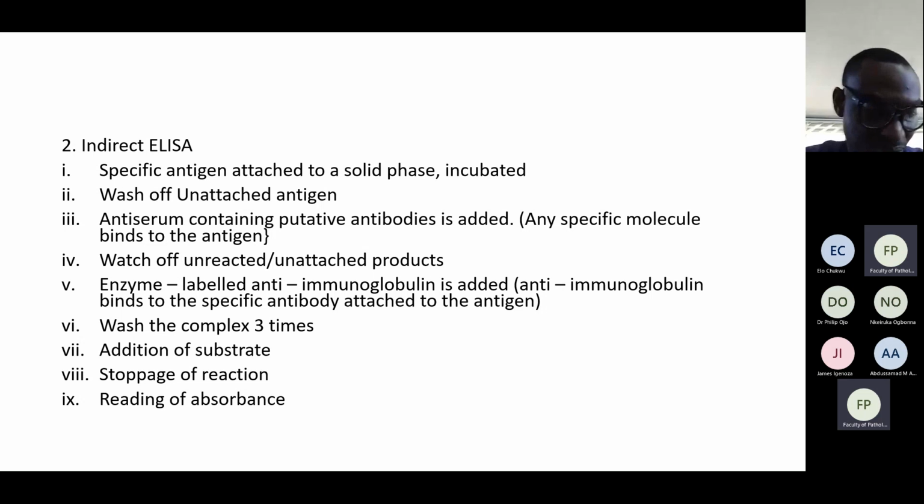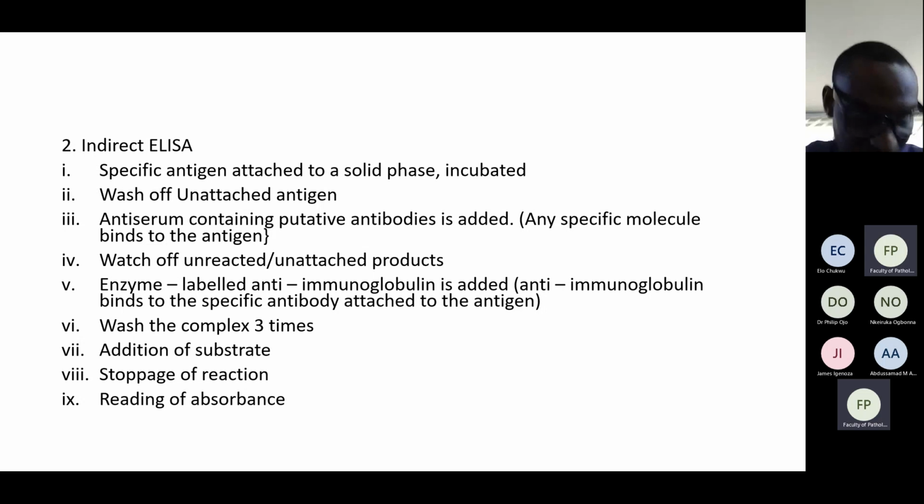This secondary antibody is enzyme labeled, and it's an antibody to the IgG that is in the antiserum, so that this anti-IgG will attach to the IgG that was in the serum. And then thereafter, you can wash the plate 3 times.